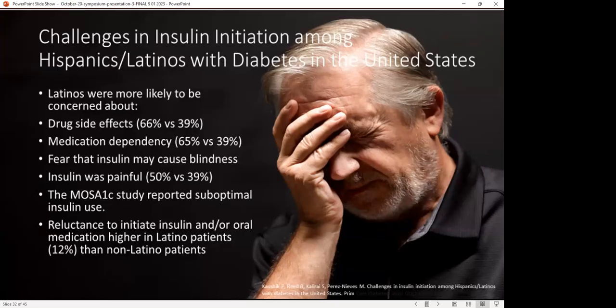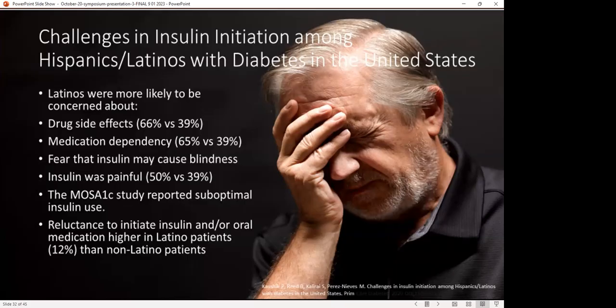But I do want to say that when it comes to insulin, the side effects of insulin are of major concern with certain Hispanic subgroups, especially when it comes to dependency. I have seen this concern mostly with Mexican patients.